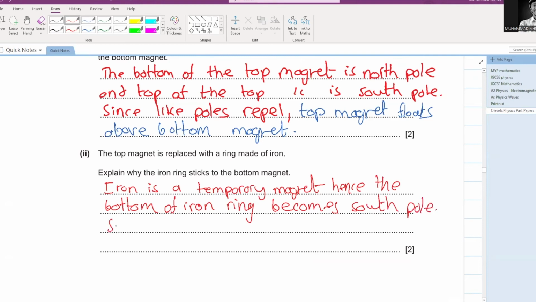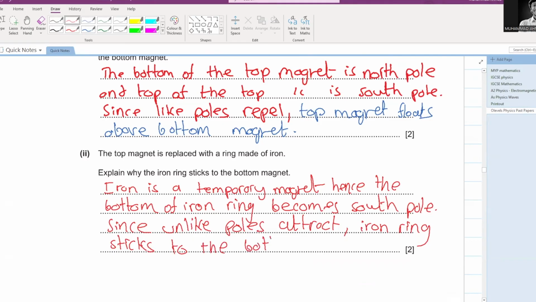Since unlike poles attract, what will happen? Iron ring sticks to the bottom magnet. Perfect. Let's further move ahead. आगे बढ़ते हैं.